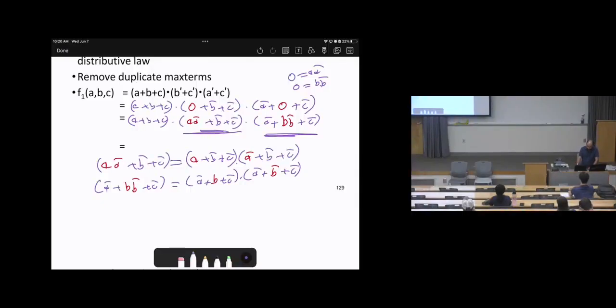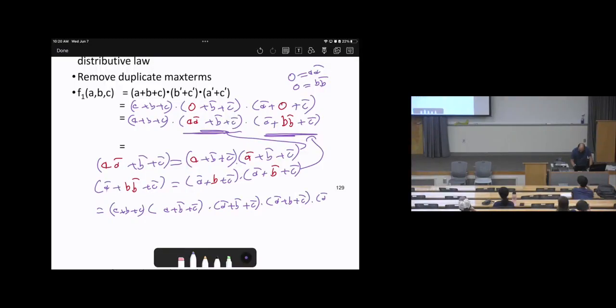Now you can substitute this here and here. So as a result, it will be A plus B plus C times A plus B bar plus C bar times A bar plus B bar plus C bar times A bar plus B plus C bar times A bar plus B bar plus C bar. Then we are done. So we have 1, 2, 3, 4, 5 terms.